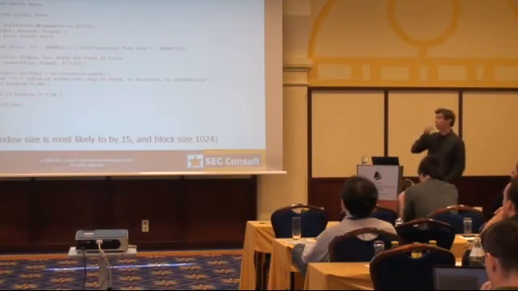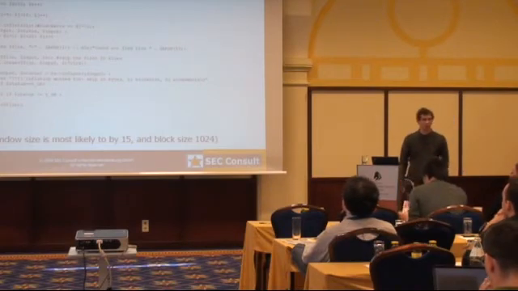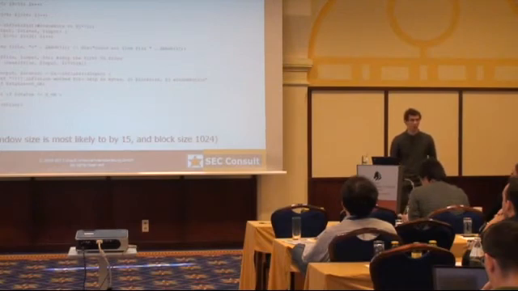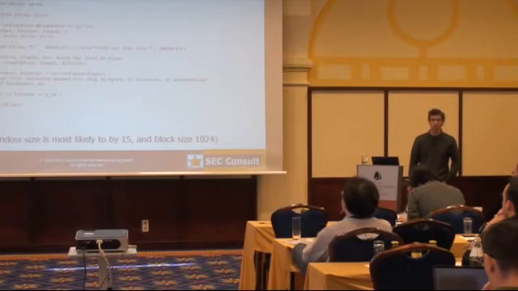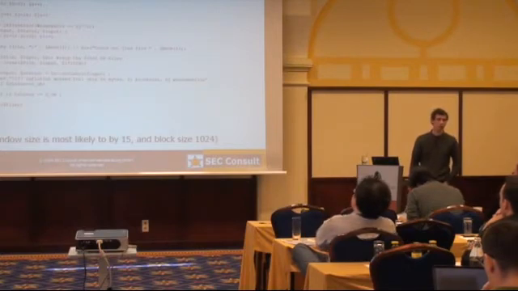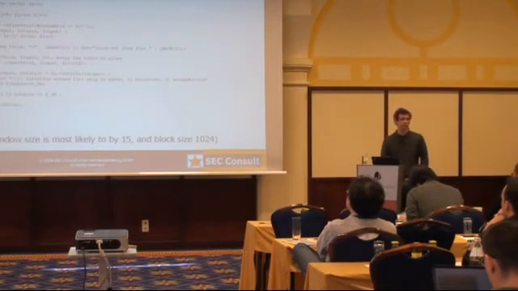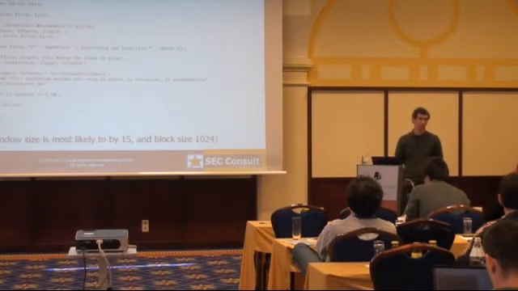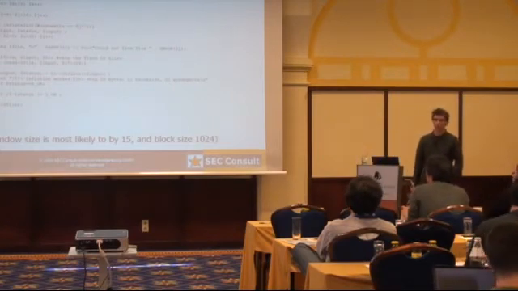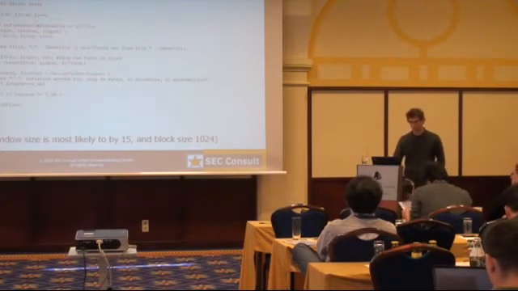This is a really trivial Perl script which does nothing but check different window sizes, block sizes, and also different offsets. So maybe there is a non-compressed header, and the script skips the first byte, then the second byte, then the third byte, and so on, to find out if anything in the file is compressed with zlib.